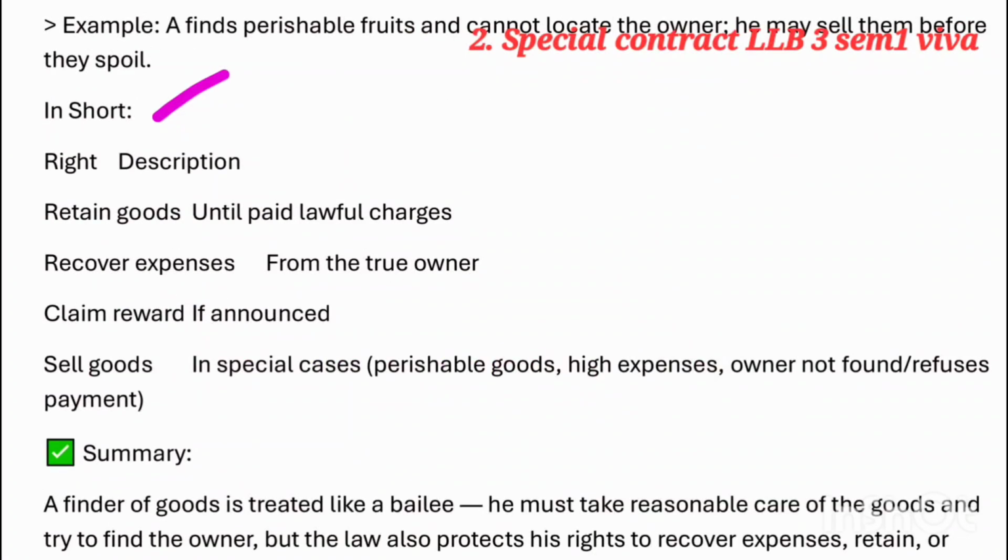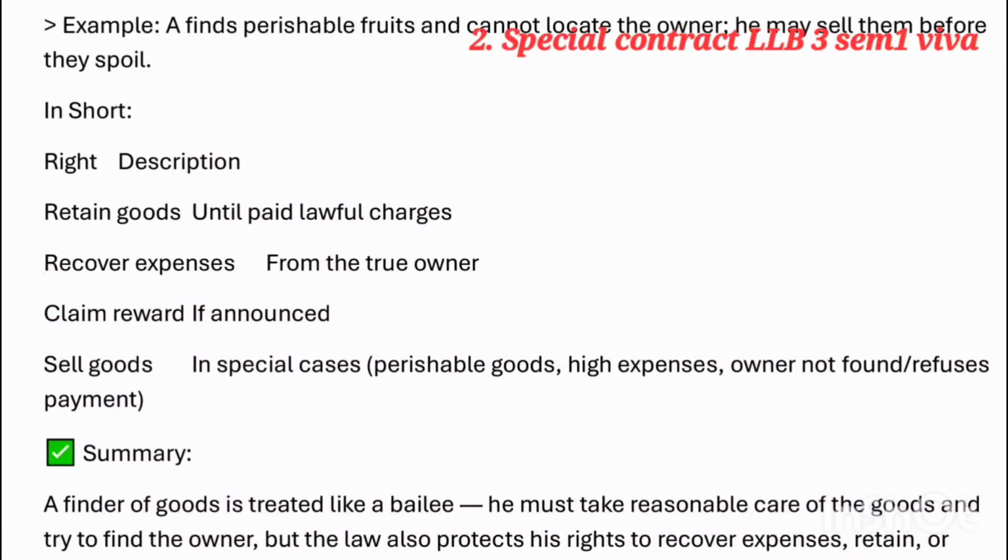In short, the finder's rights are: retain goods until lawful charges are paid, recover expenses from the true owner, claim rewards if announced, and sell goods in special cases: perishable goods, high expenses, owner not found, or owner refuses payment.